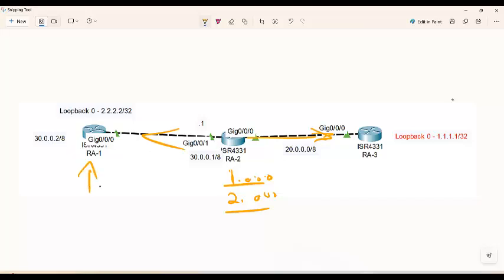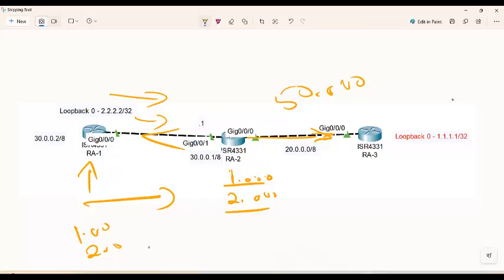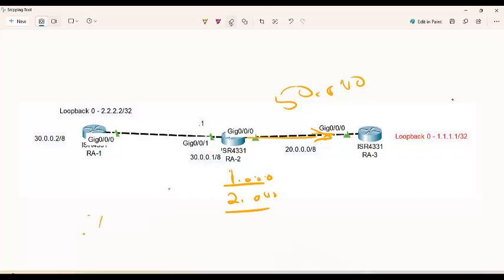But here, all the unknown destinations are only in this direction. So instead of saying to go to 1 dot network, go here, to go to 20 dot network, go here, and if I have another 50 network, again saying to 50 network, same direction, instead of saying repeatedly many lines, you can tell any destination that you do not know, you simply send it to router A2, RA2.